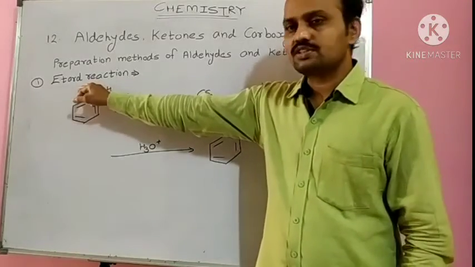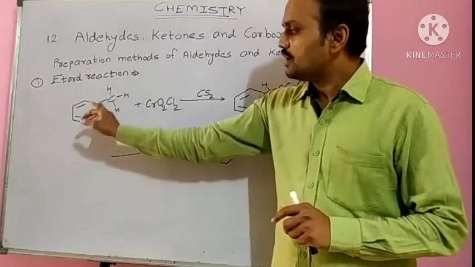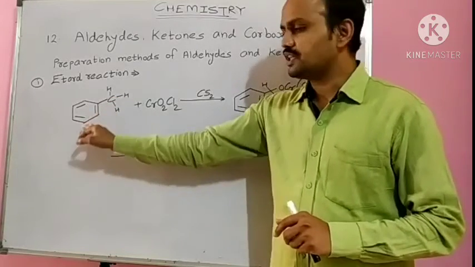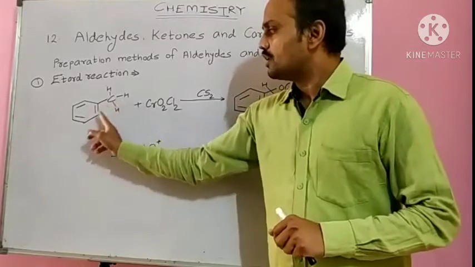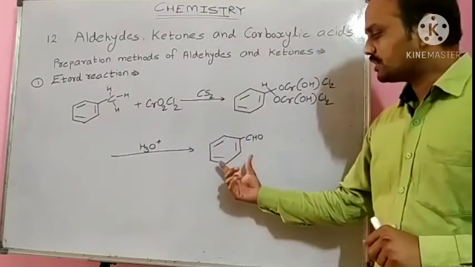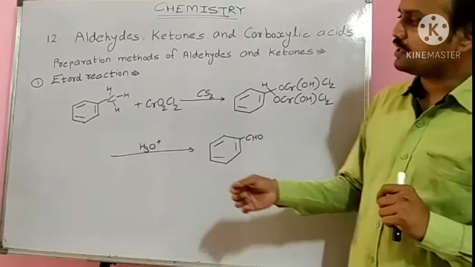In the Etard reaction, you can see we are converting alkyl benzene, actually methyl benzene or toluene, into the corresponding aromatic aldehyde. What is happening?